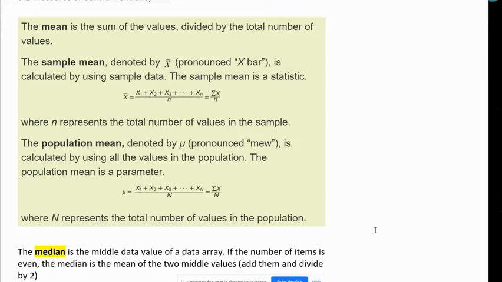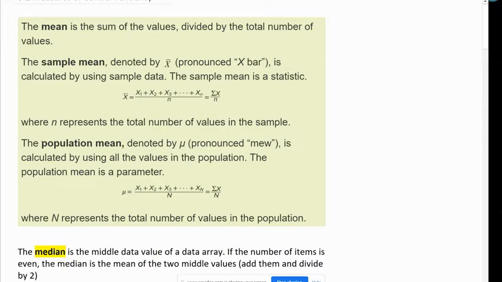When it's a sample mean, we denote it as x bar, x with a bar on top, and that would be if we have a larger population, but we've just collected data from a sample of that population.